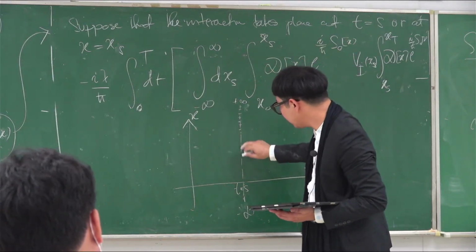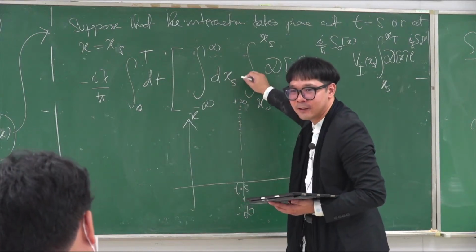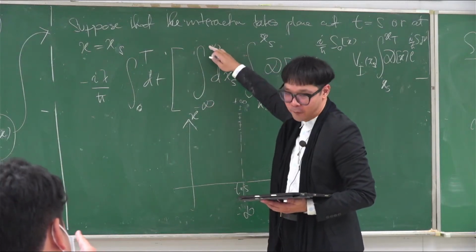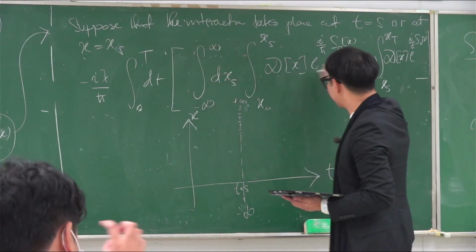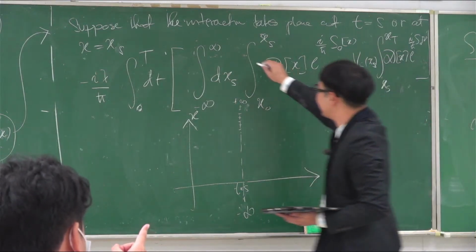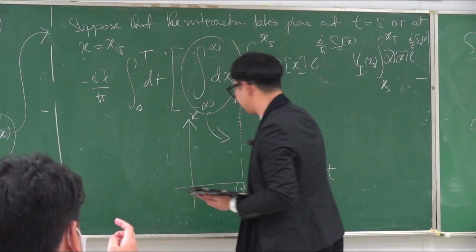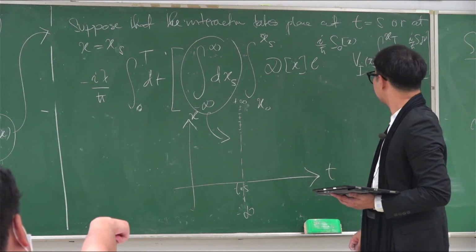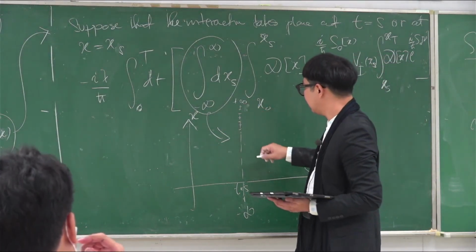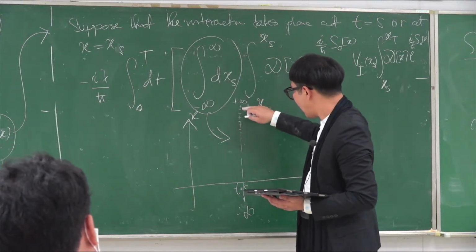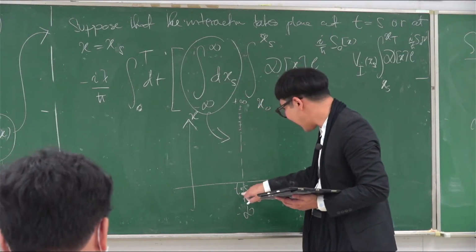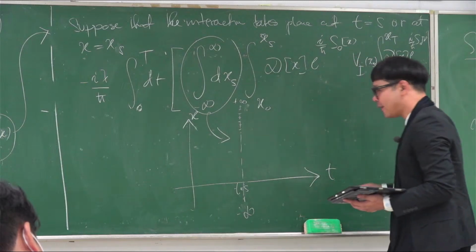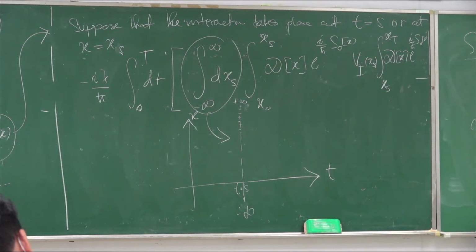But we don't know which point along this line, right, so we have to take into account all of it. You know what I mean? This is the reason why we have this kind of integral. So x is a point on this side, and that's the reason why we have to take all possible points on this side at t equal to s. But we don't know, so you have to take them all.